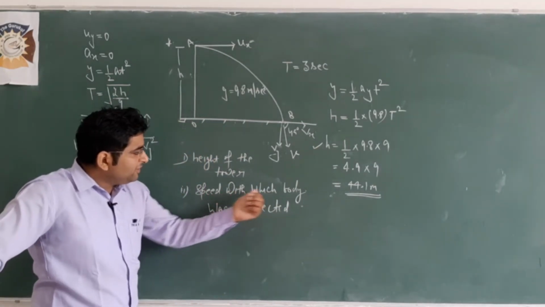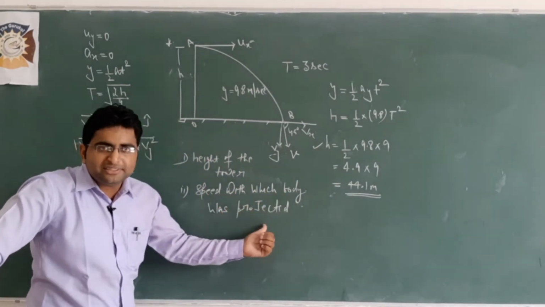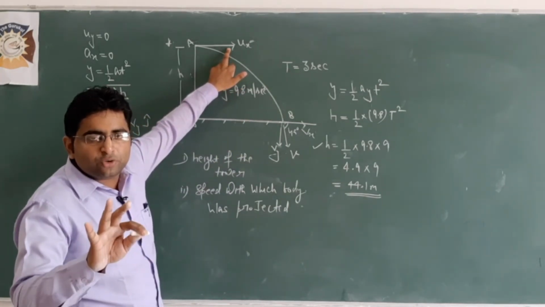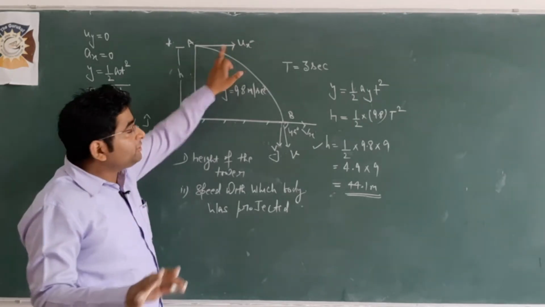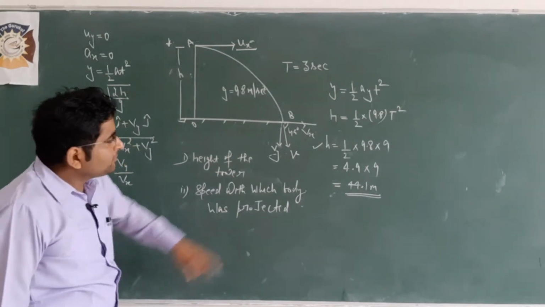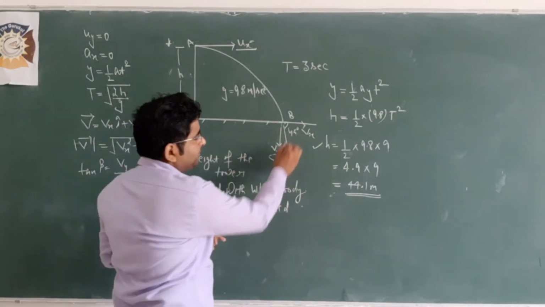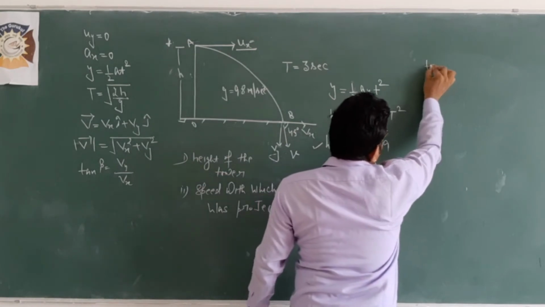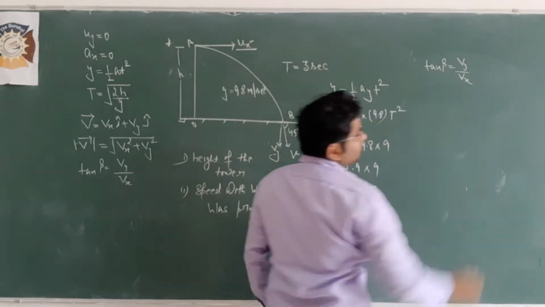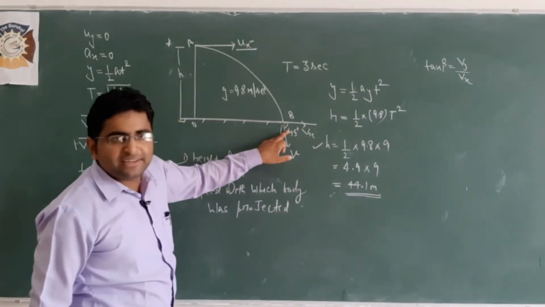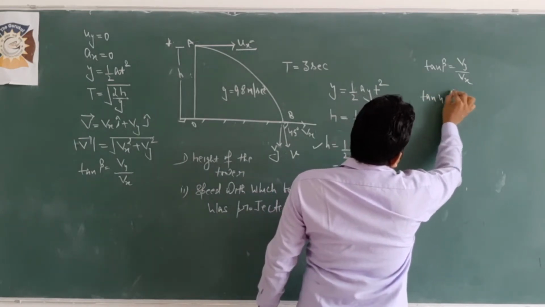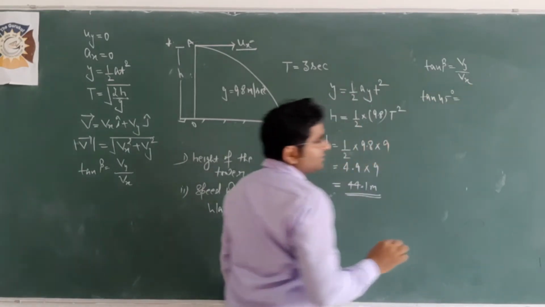Second, the speed with which the body was projected. It means we have to calculate the initial speed. There is no initial component of velocity along y direction. It means we have to calculate the value of ux. One more thing beta, this angle is given as 45 degree. We know very well that tan beta is equal to Vy upon Vx. So at this point the angle is 45 degree. So we will put tan 45 degree equal to Vy upon Vx.